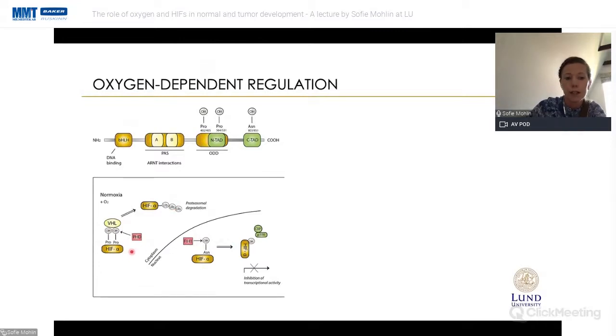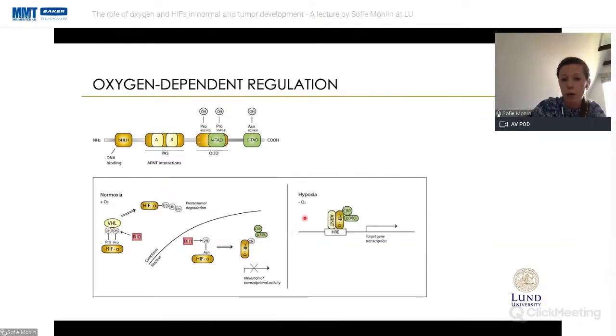However, if the protein still stabilizes and translocates into the nucleus, it's hydroxylated at another site, an asparagine residue, and then it's targeted by the factor inhibiting HIF. And this in turn hinders formation of the complex needed to initiate transcription.